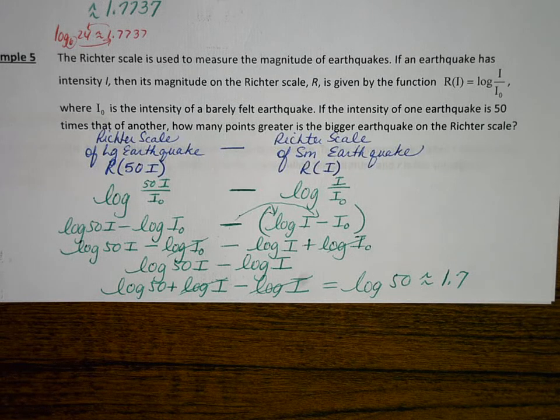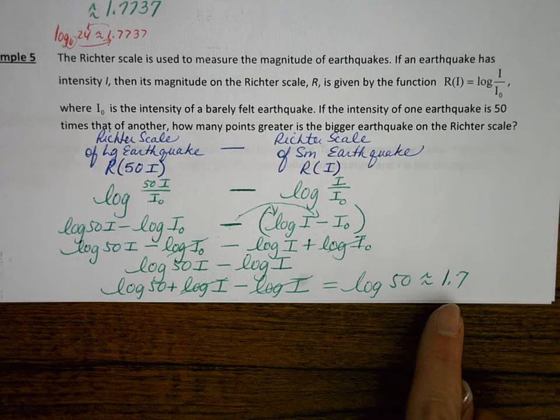A smaller change means a much greater change in intensity. Does that make sense? Do you understand the effect of having a logarithmic scale? Even though there's only a 1.7 difference in the values on that scale, it is 50 times worse. And that is because it is a logarithmic scale, because you are finding that exponent. Questions? Okay.